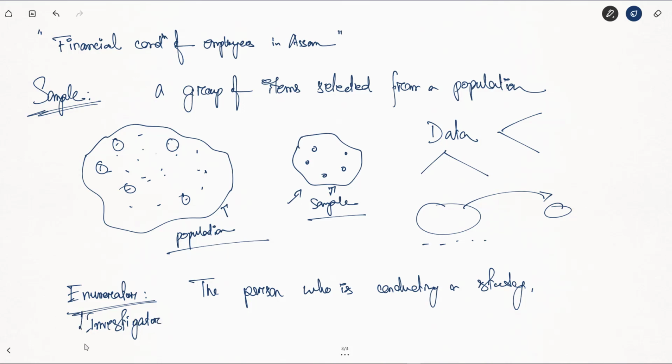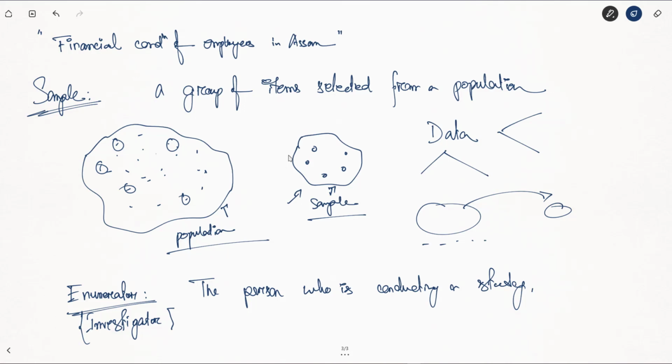So these two terms mean the same, enumerator or investigator. They are the person who conducts a study. So if in future you are responsible for a particular study, or in your dissertation you are making a study, you will be the enumerator.